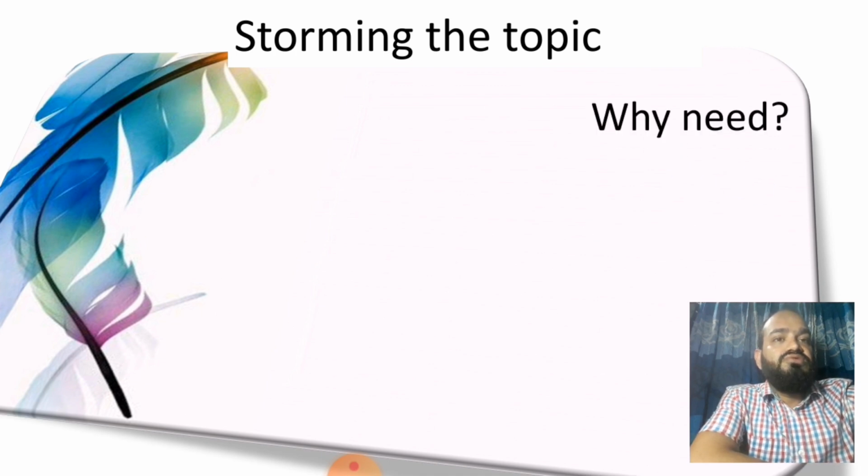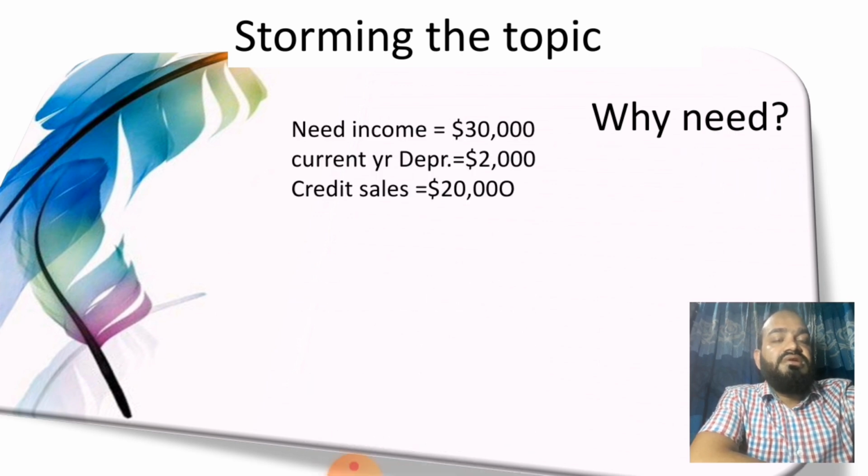Now we'll learn why a company needs to prepare cash flow statement. Let's clear the topic by an example. You see on the screen, suppose a company has net income $30,000, current year depreciation $2,000, credit sales $20,000. So what is the cash amount?